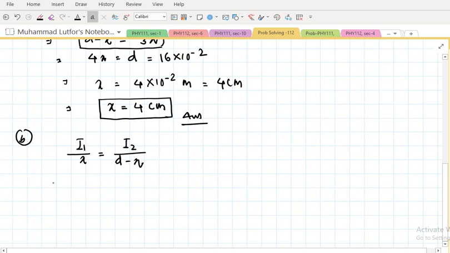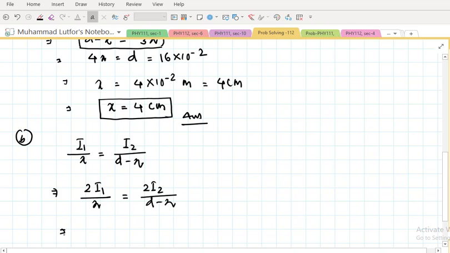Now if we double the current in each wire, this would be 2 I1 divided by x equal to 2 I2 divided by d minus x.